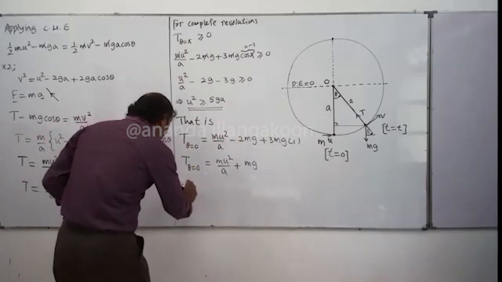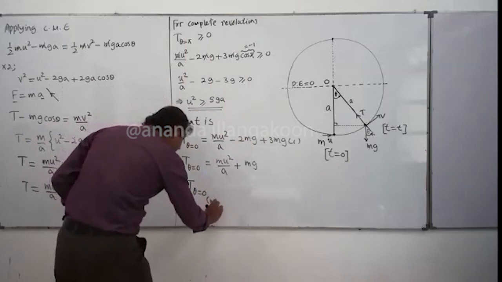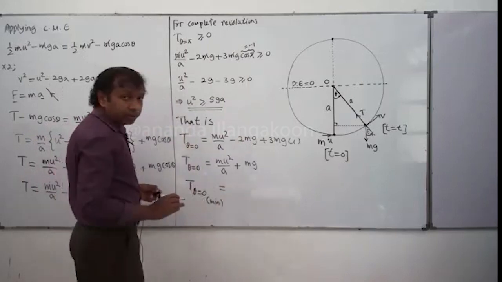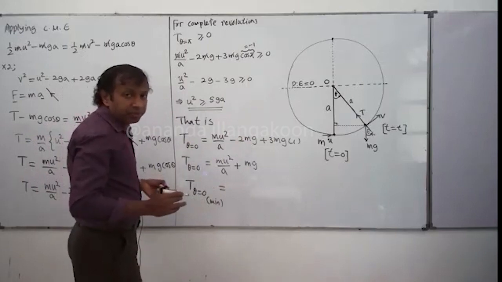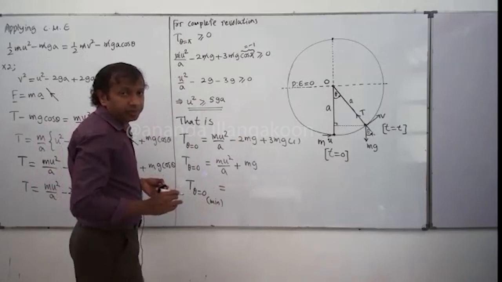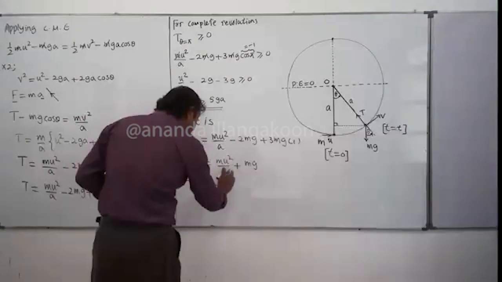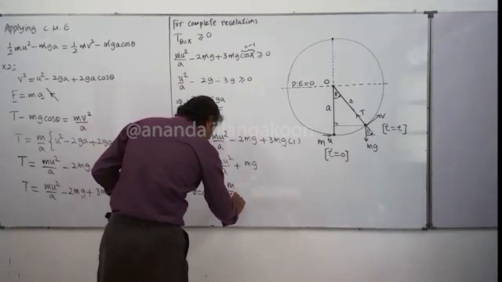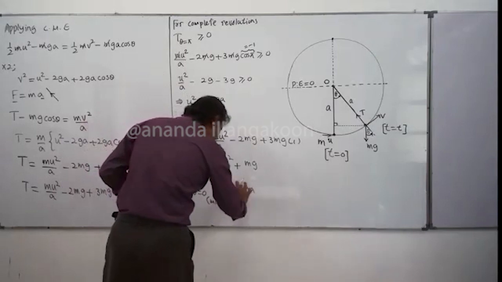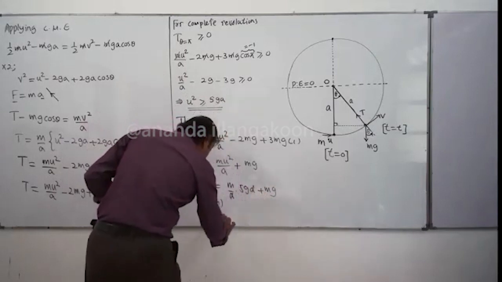Therefore, T at theta equals 0 minimum. Initially, when the particle is projected, the minimum tension we can expect is what? Substituting for this U squared minimum, M upon A, U squared minimum is 5GA. This is now 6MG.